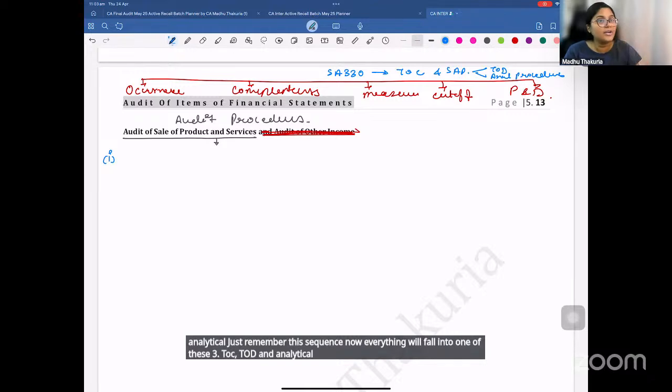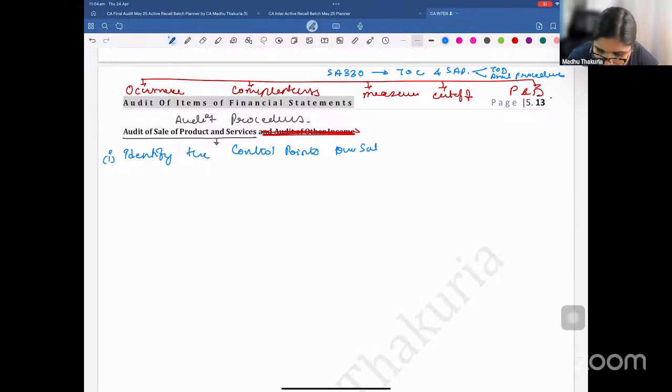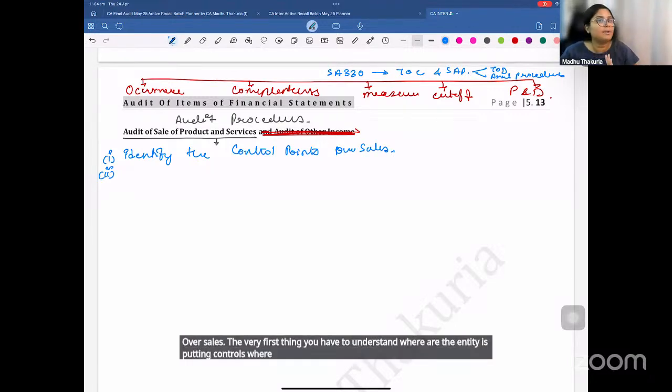So in case of audit of sales, first of all, you go and understand the entity's controls so that you can identify the control points over sales. The very first thing you have to understand is where the entity is putting controls, where the management has implemented controls, because only then will you be able to identify whether the controls are operating effectively or not.